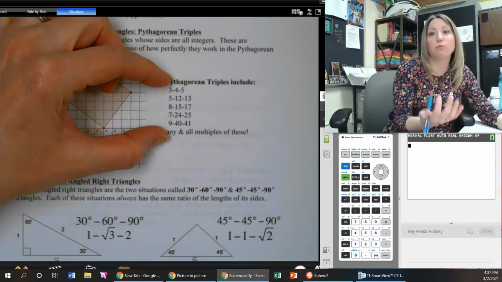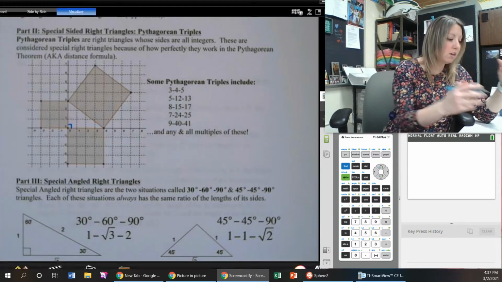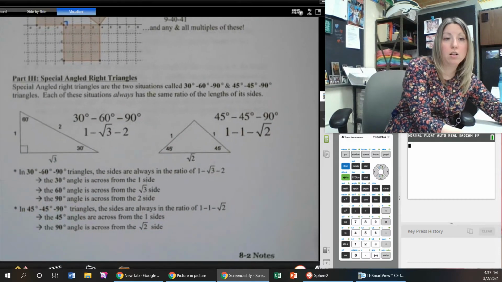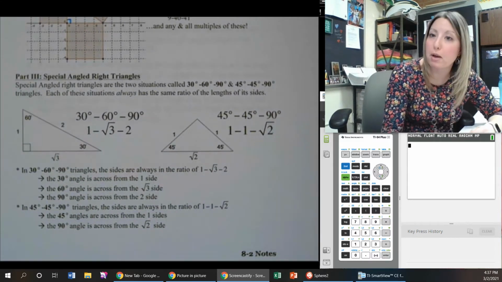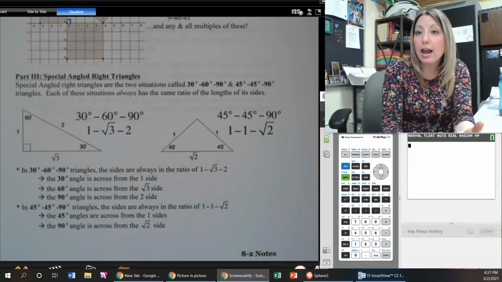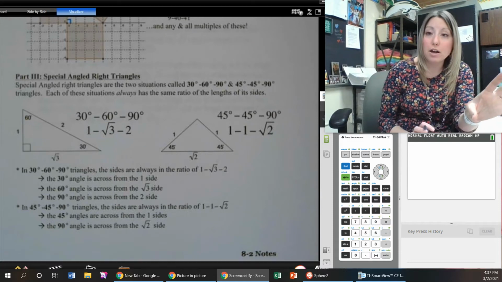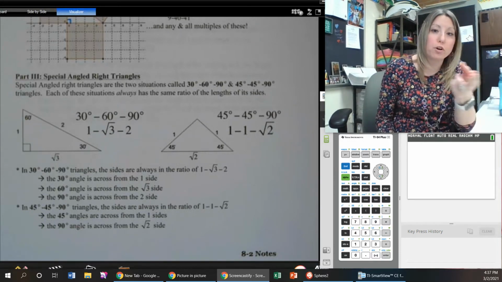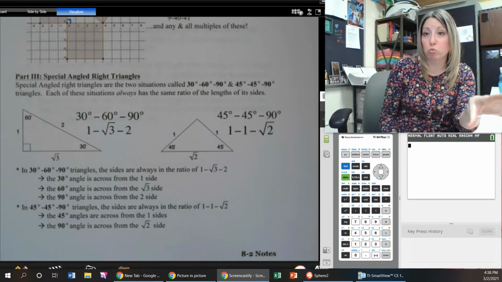We don't have any irrational lengths of sides. Here are places where the measures of the angles are what make this special. So you will have an irrational length of a side as a result, but your angles are 30, 60, 90 or 45, 45, 90. So this relationship is really important.